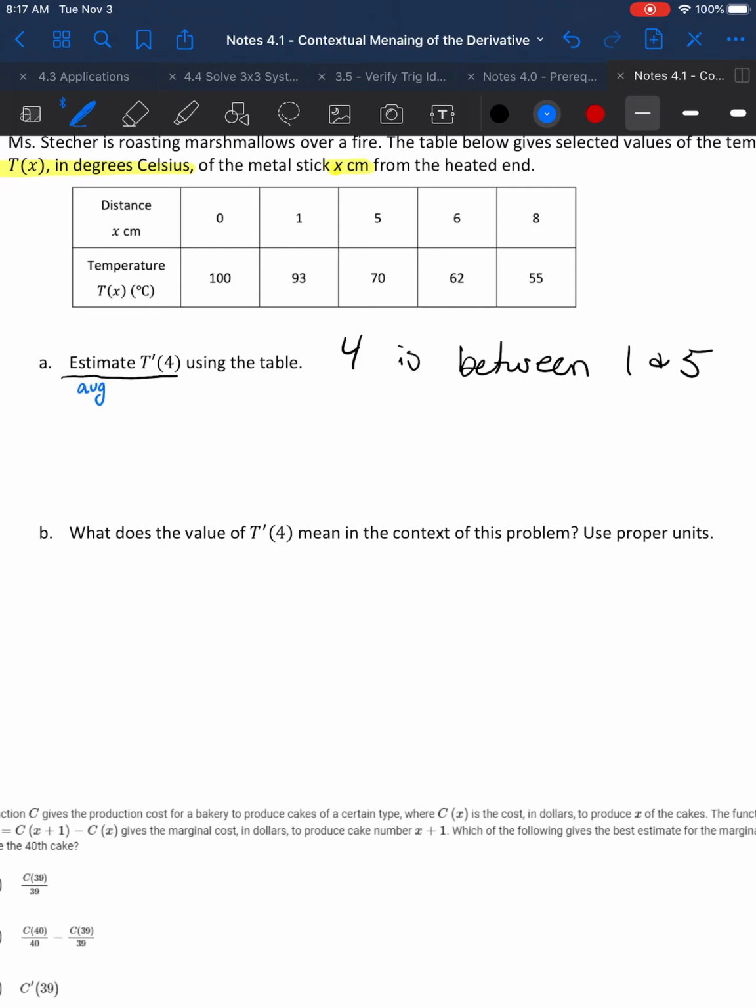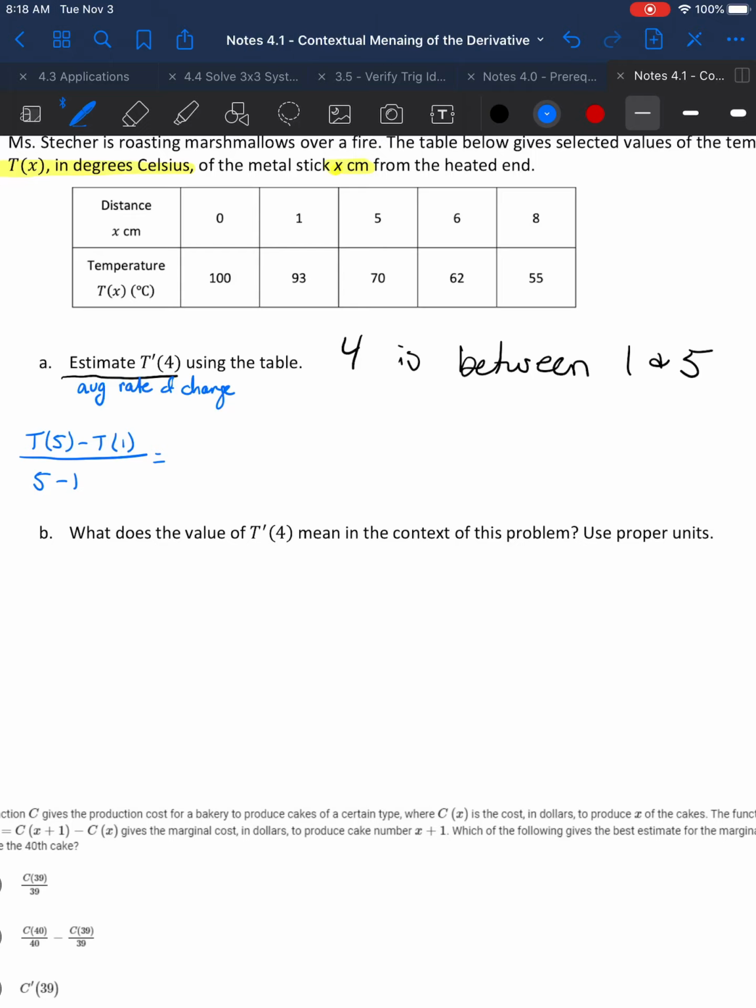Since we're estimating, this is us finding an average rate of change. Average rate of change is quite literally your slope formula. So we're going to do T of 5 minus T of 1 over 5 minus 1.